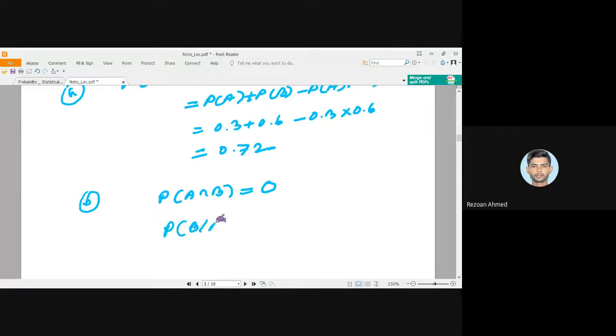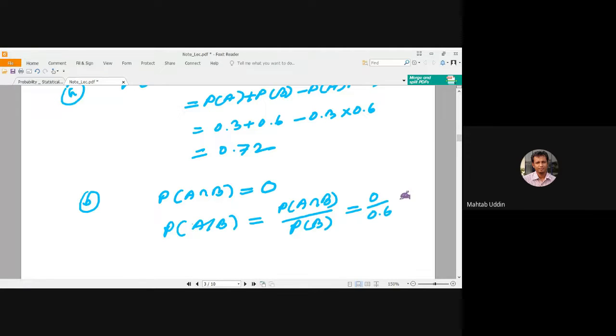So P of A given B: if they are mutually exclusive there is no common element, so that conditional probability is 0, but we'll show it logically. 0 by 0.6 equals what? 0. Do you understand?